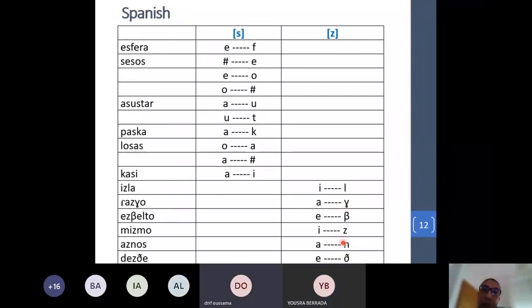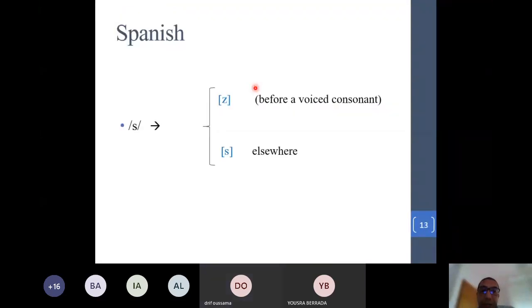The other variant, the voiceless S, occurs elsewhere: before voiceless sounds, before vowels, and in the final position. So the S variant has more environments. So this could be the phoneme, or the elsewhere variant.